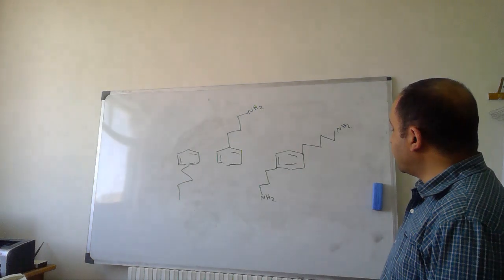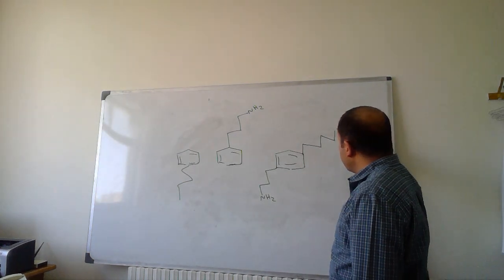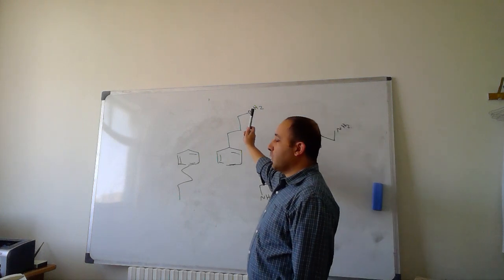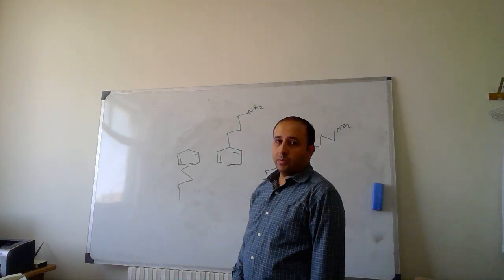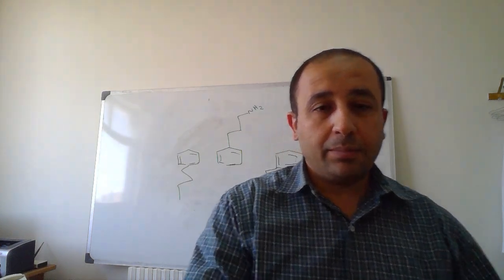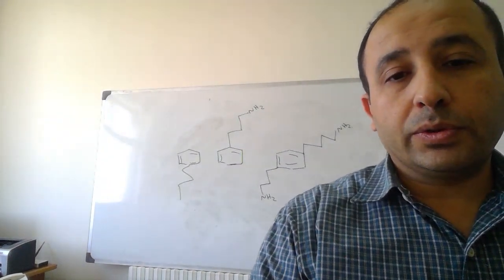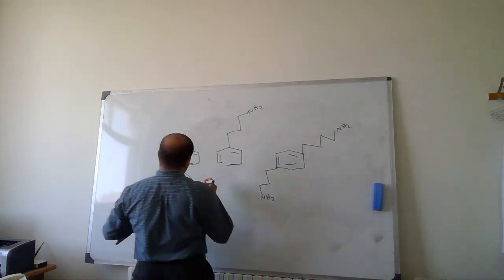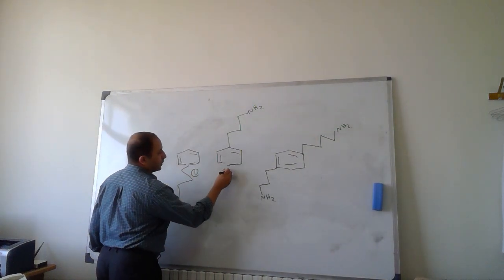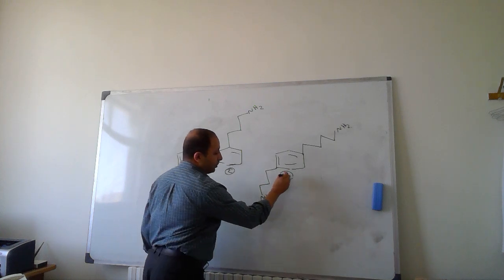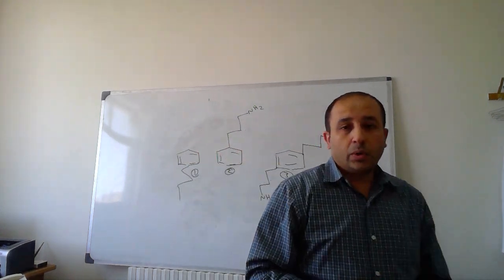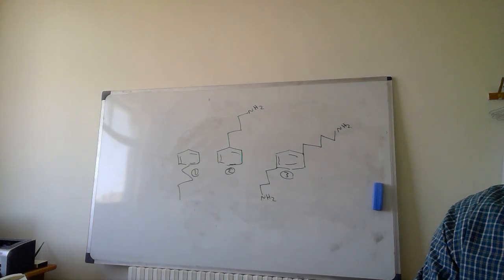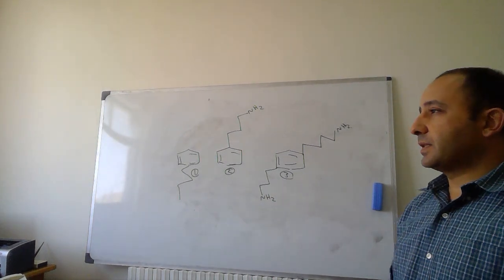This compound can make two bonds, this compound can make one bond with silica, and this compound can make no bond. The one which is number 1, this is 2, this is 3. The compound which is number 1 will go first, and the last one will be number 3. This is about the adsorption mechanism.